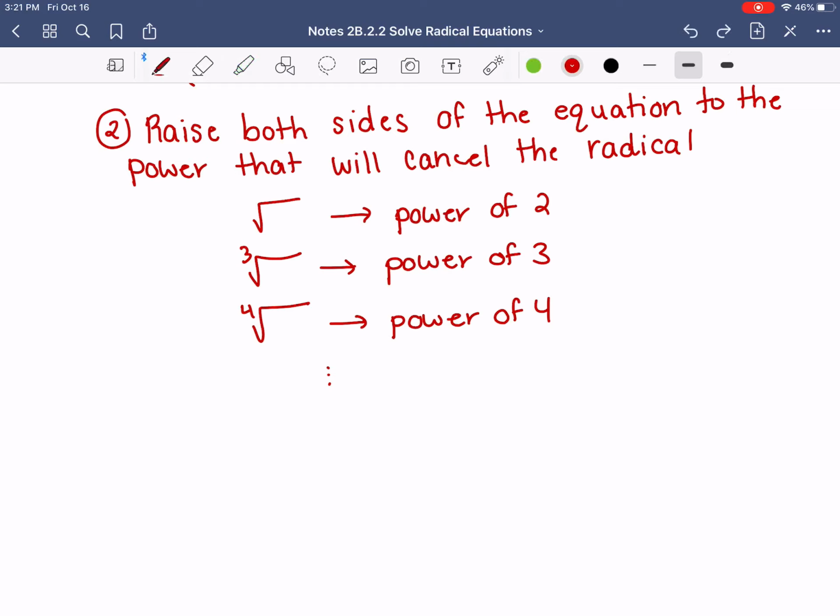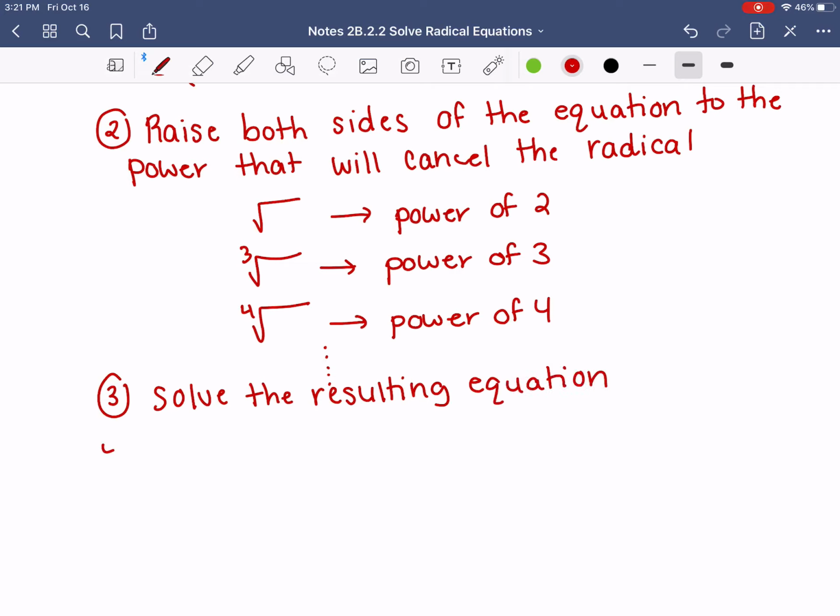Step 3 is to go ahead and solve the resulting equation. And the last step is really important, and it is to check that your solution is valid.